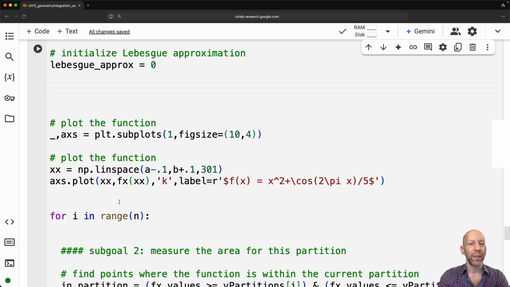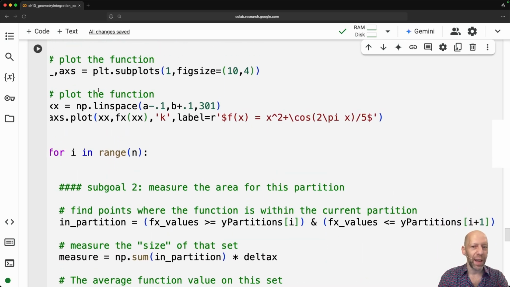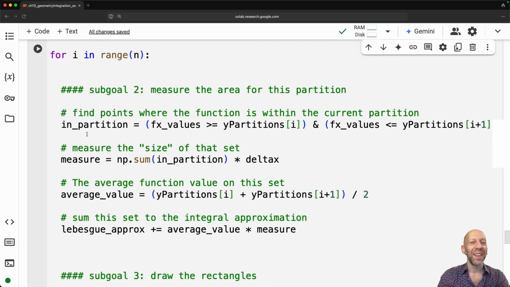Okay, so here I have this for loop. Up here, I'm initializing the Lebesgue approximation to be 0, and then we're going to keep summing up into this number. Here I'm opening a figure and plotting the function. So far, so good. Here is the for loop over n, the n range partitions.